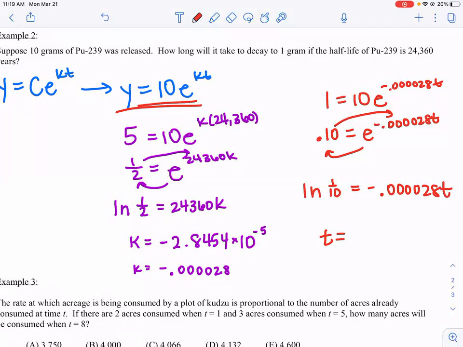Your calculator tell you how many years? You're just letting everybody else do the work for you? Okay. 82,000. What?